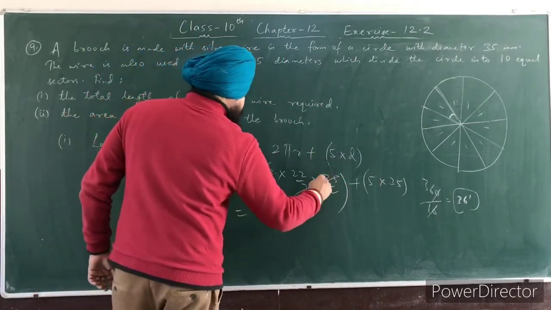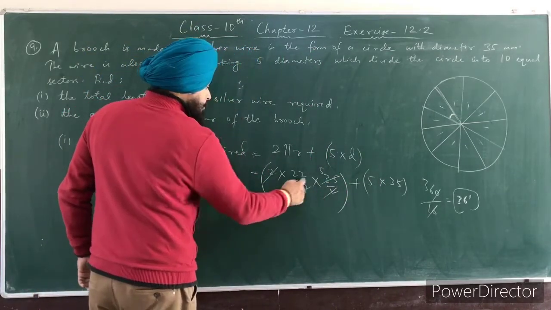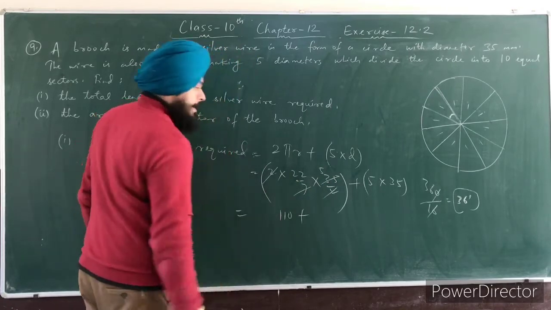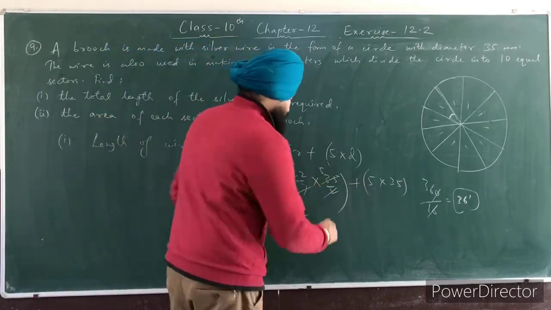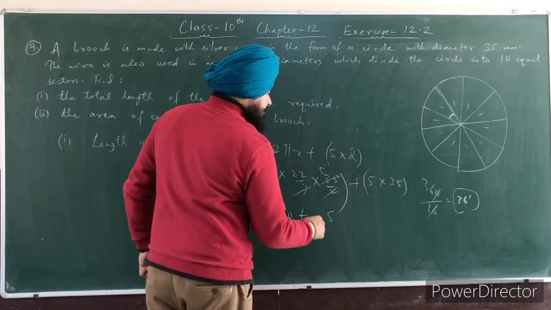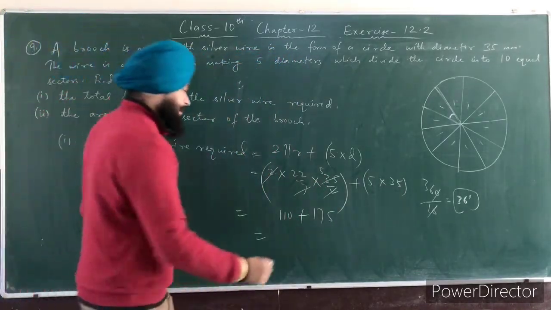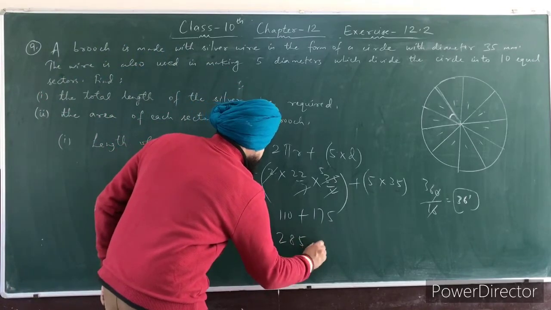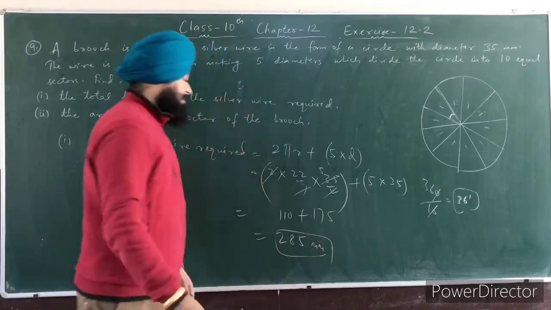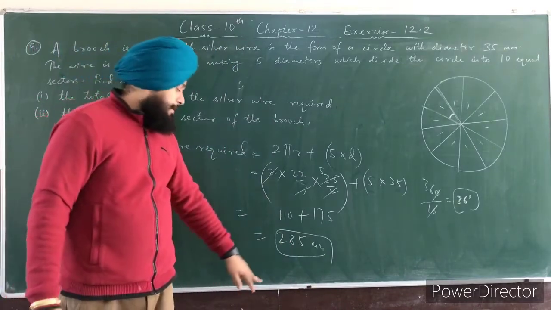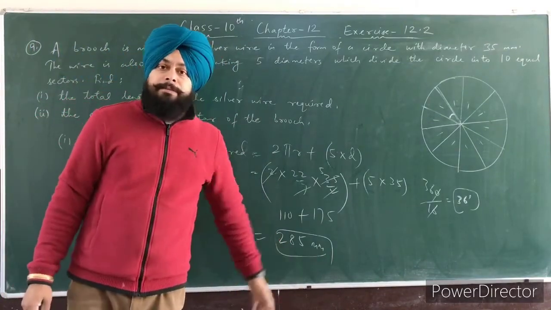Now 7 5s are 35, plus 2 cancels. 2 11s are 22. And 35 5s are 175. 110 plus 175 is 285 millimeter. It means the total silver wire used is 285 millimeter.